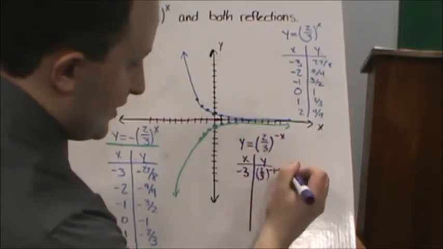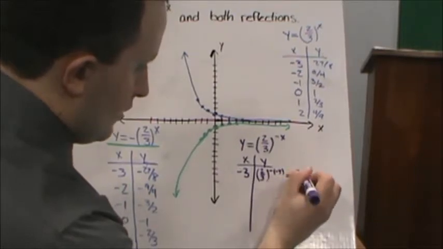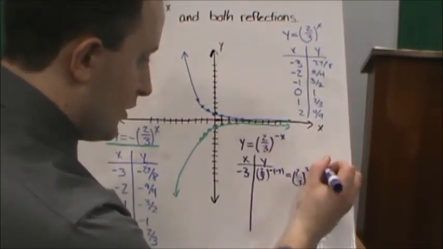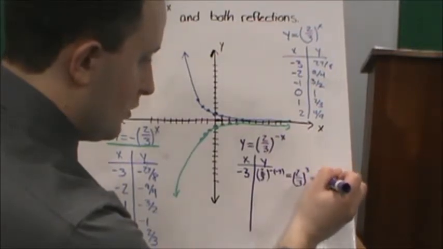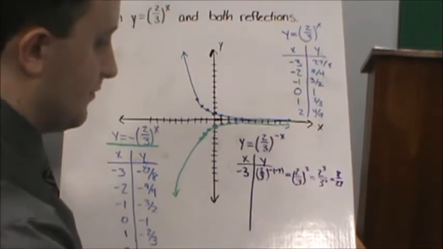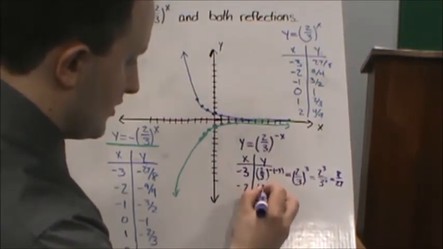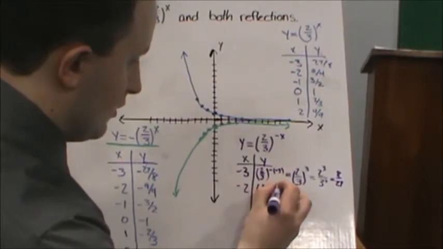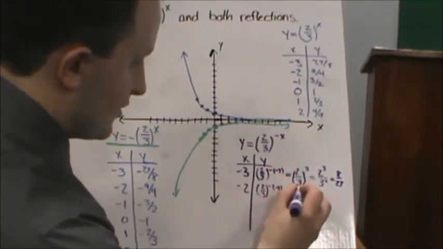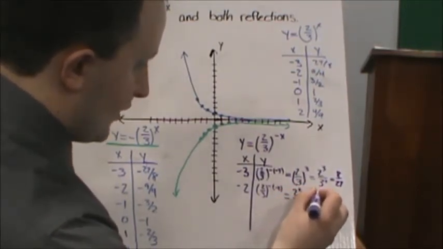That negative and negative becomes a positive, and we get 2/3 cubed, which is equal to 2 cubed over 3 cubed, which is 8/27. Likewise for negative 2, we get 2/3 to the negative 2, which just simplifies to 2 squared over 3 squared, which is 4/9.